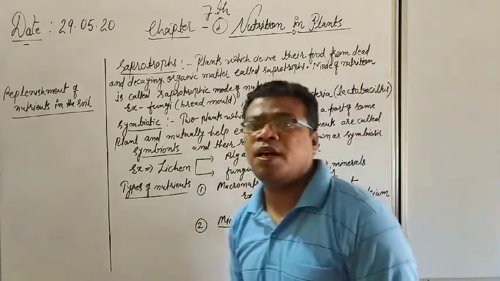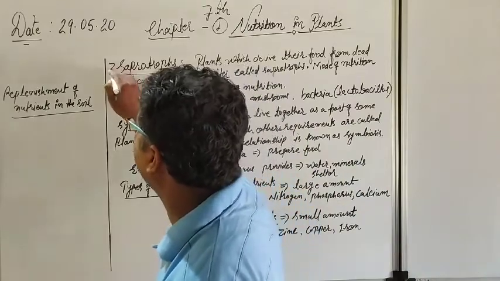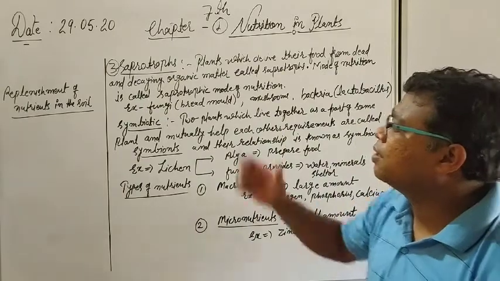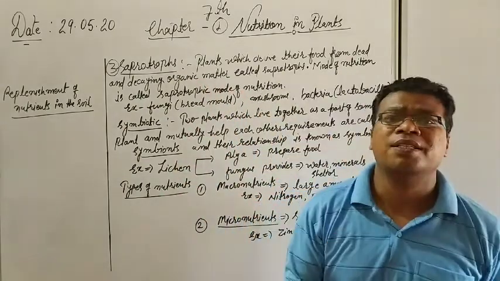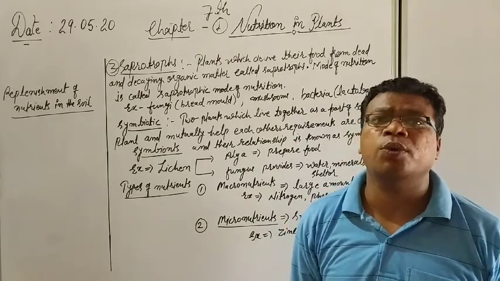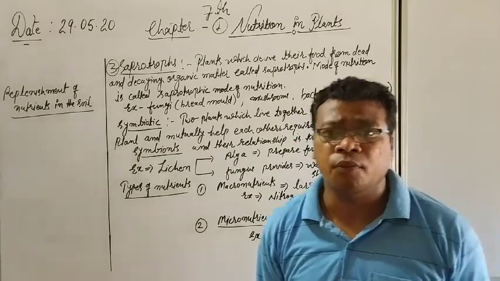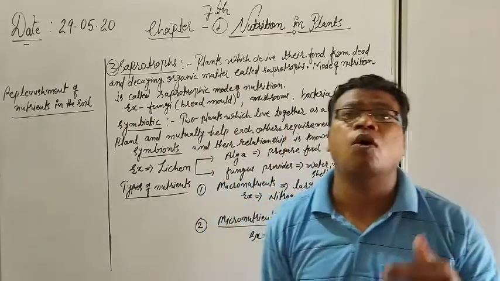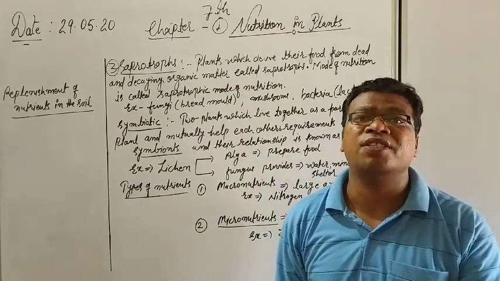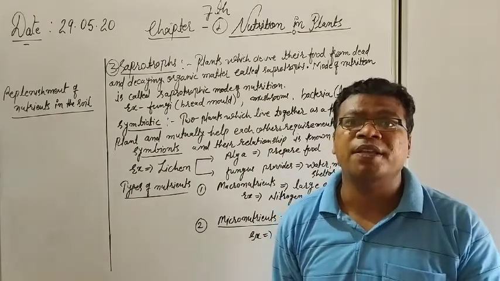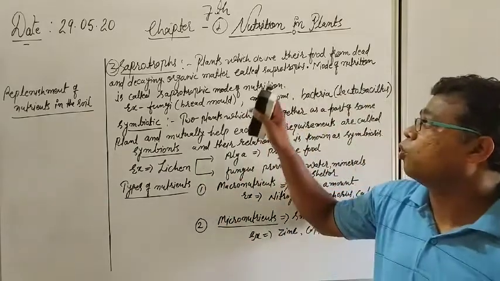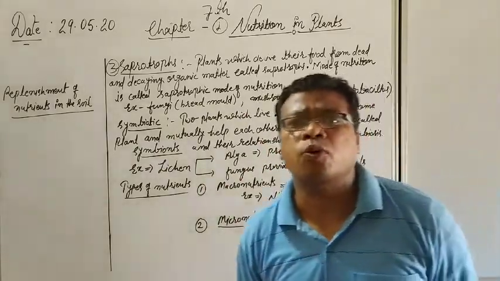In the same series, we are going to discuss the third mode of nutrition, and that is the saprotrophs. What are the saprotrophs? Some plants derive their food from the dead and decaying organic matter, from the dead remains of plants and animals, and they are known as saprotrophs. This mode of nutrition is known as saprotrophic mode of nutrition. Very easy definition.